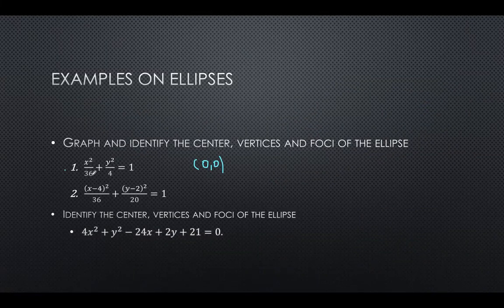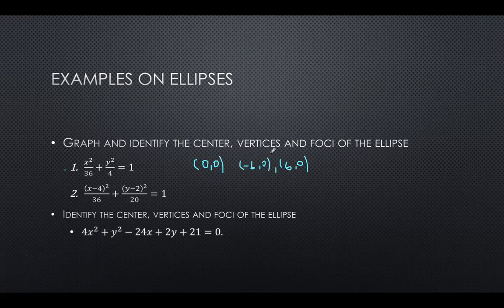The bigger number is on the x squared. So the vertices are on the major axis, which is minus 6, 0, you square root the 36, and 6, 0. Then you get a, and the vertices are plus and minus a on the x coordinate.